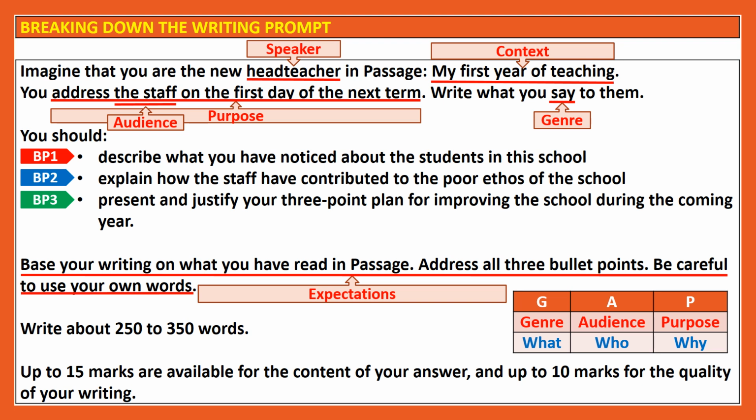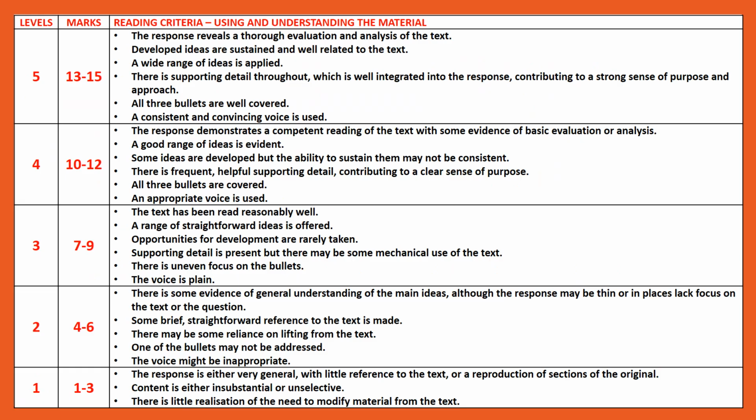In standard handwriting, your speech should be between 250 and 350 words, typically filling about 1.5 to 2 sides of A4 paper. Now let's discuss the criteria for reading. Although this is mainly an assessment of your writing skills, your writing will be based on reading text.